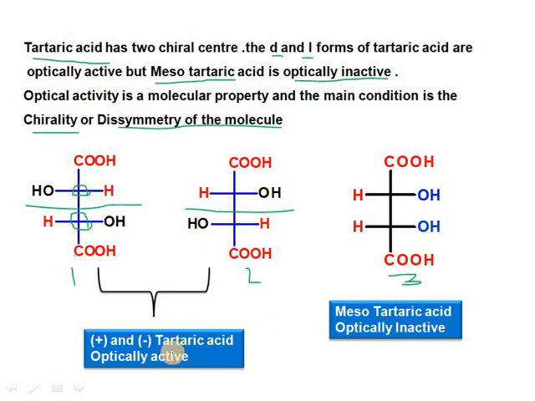Therefore it is optically active, as it does not have any plane of symmetry.